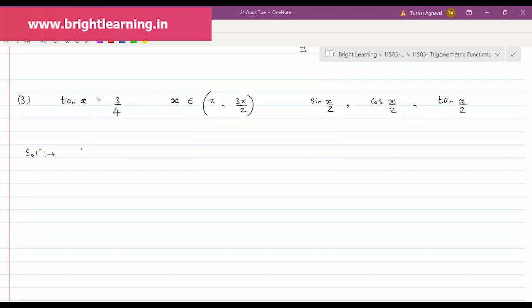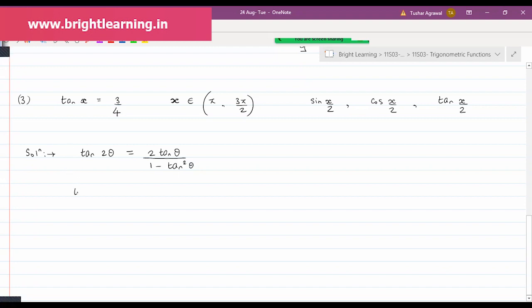So do we have an identity between tan 2 theta and tan theta? Yes, tan 2 theta is equal to 2 times tan theta upon 1 minus tan square theta.